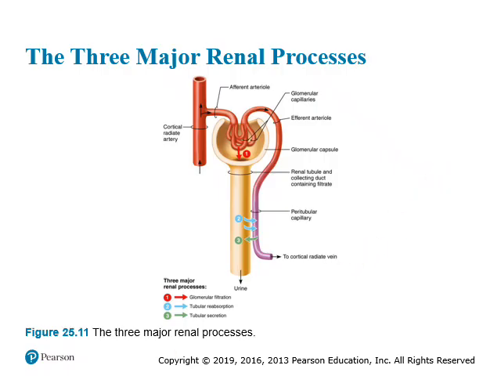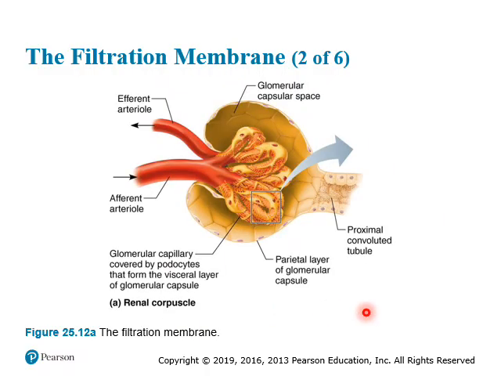Let me take a look at some pictures, so maybe we can have podocytes somewhere here. There you go. This is your glomerulus, and this picture shows you the filtration membrane. Now, glomerular filtration, which happens around this area, is controlled by your afferent arteriole and your efferent arteriole, the pressure inside them. But what actually selects the substances that get filtered through and become part of the filtrate is the filtration membrane.